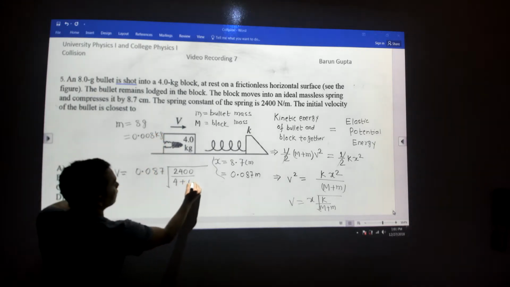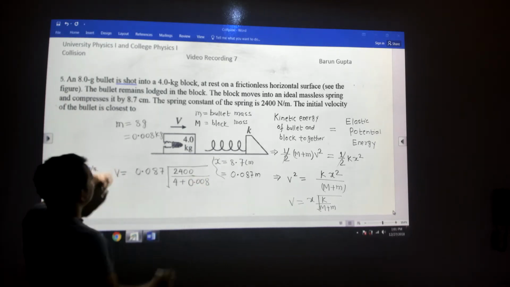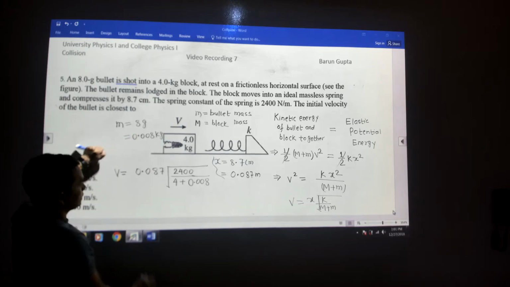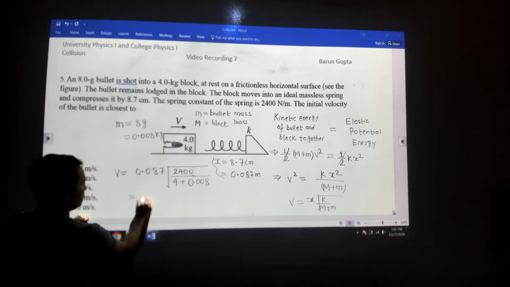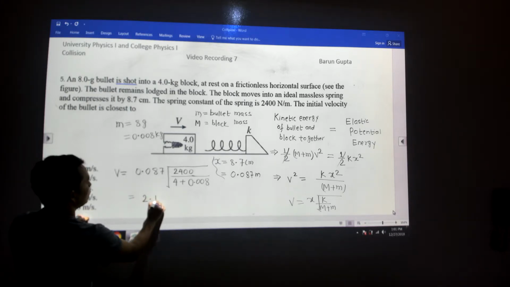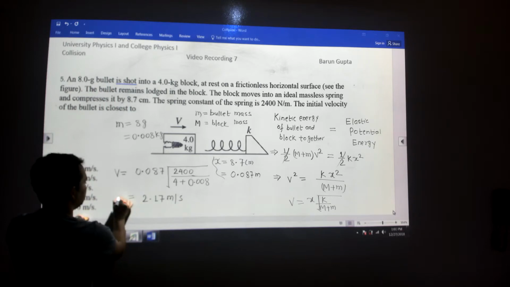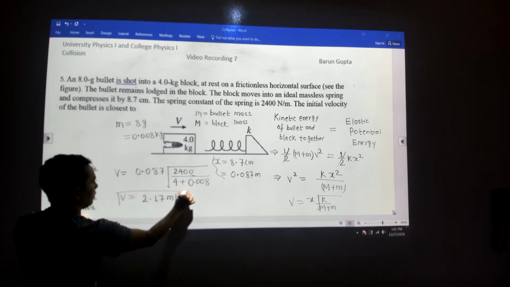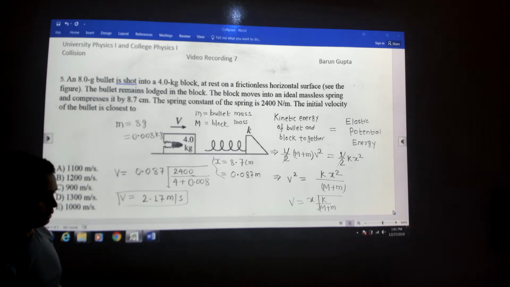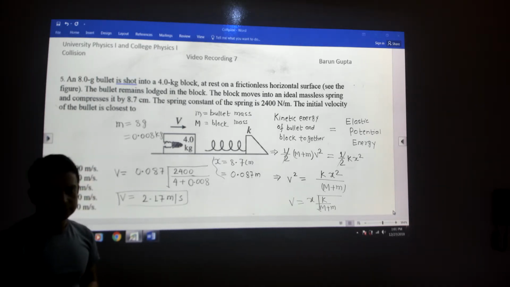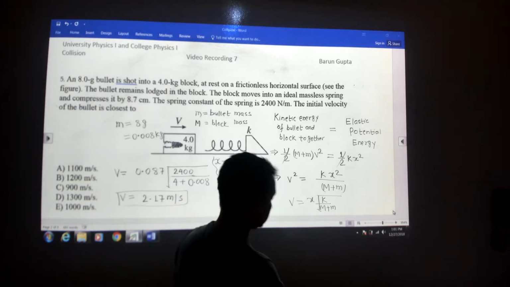So I'm just plugging all the numbers here. Once you solve it, what you get is 2.17 meter per second. This is the velocity of the block and the bullet together. Both bullet and block move at this speed.